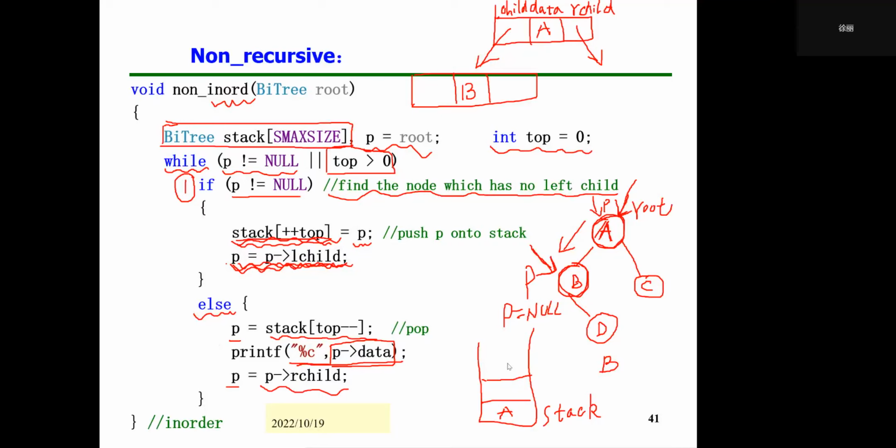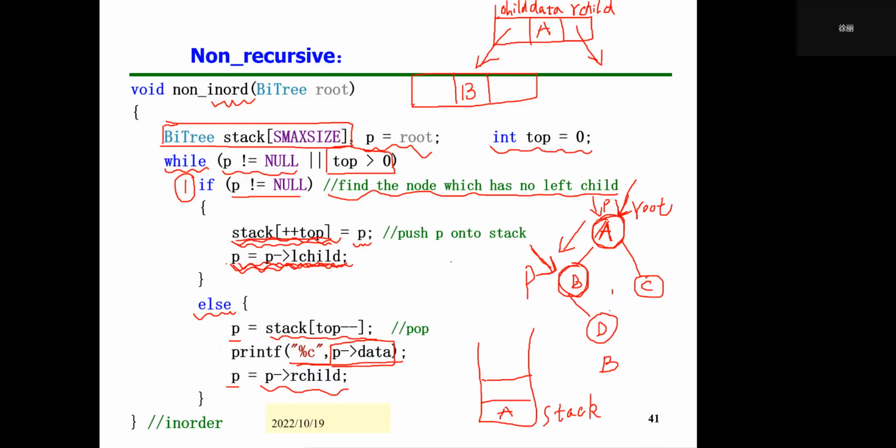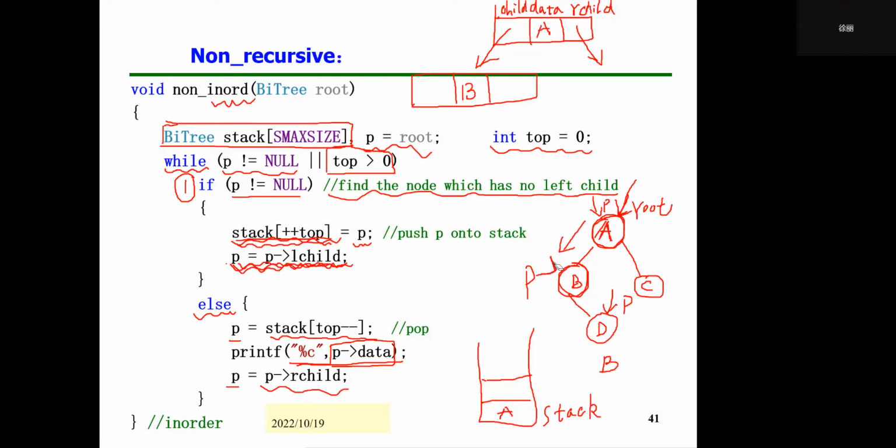That means P will be P's right child. So P will point to D.